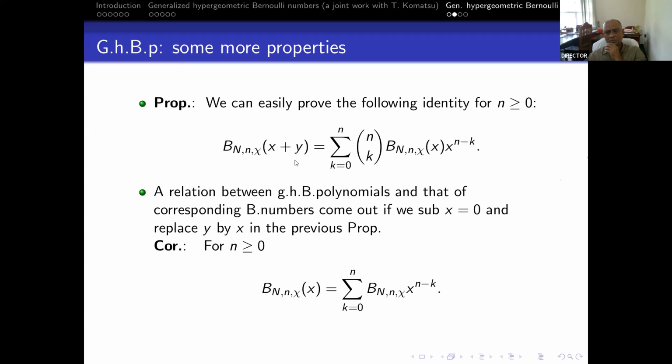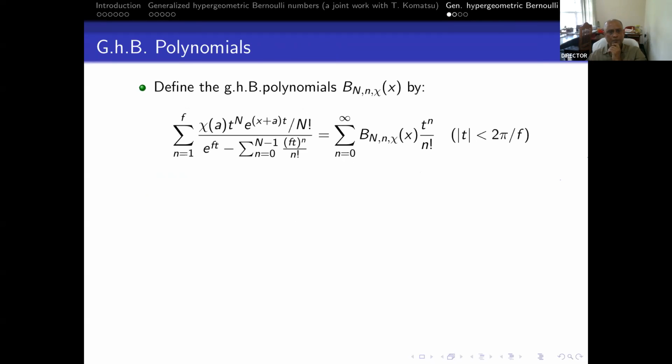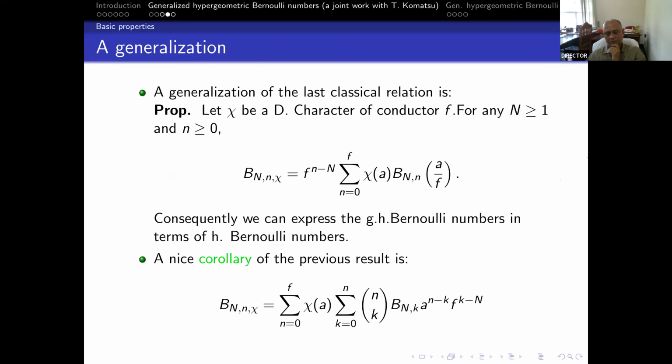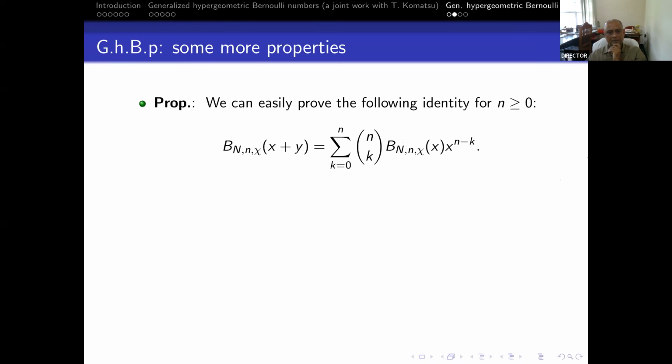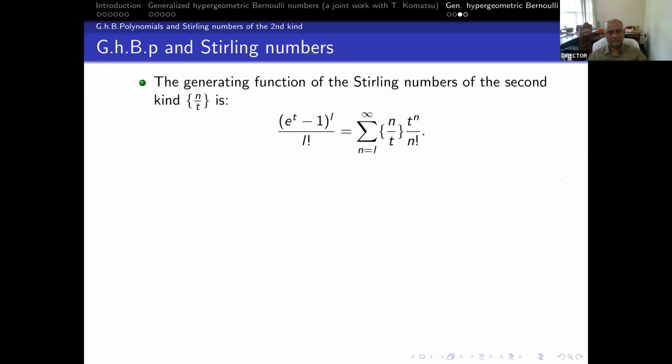If we substitute x equal to 0 here, and put y equal to x in the previous proposition, then we can write these generalized Bernoulli polynomials in terms of Bernoulli numbers, just like the classical one. So this is another result that you would expect to hold when you define this generalized Bernoulli polynomial, and it is also true in this case.